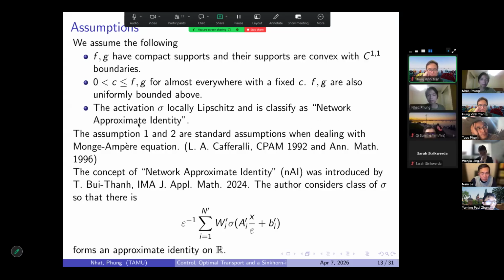For this concept, the basic idea is that we can write an approximate identity using a finite sum. Basically we try to make an approximate identity using a neural network, a single hidden layer neural network.